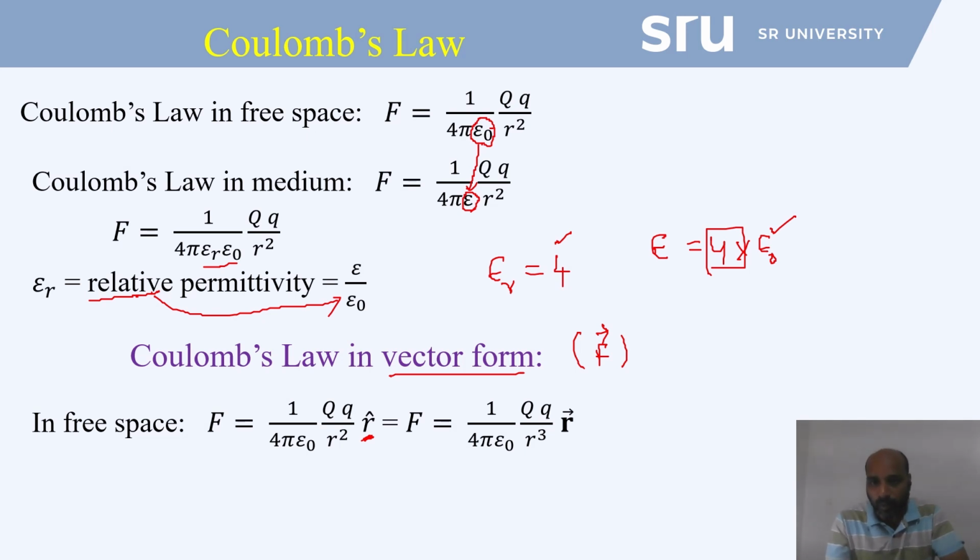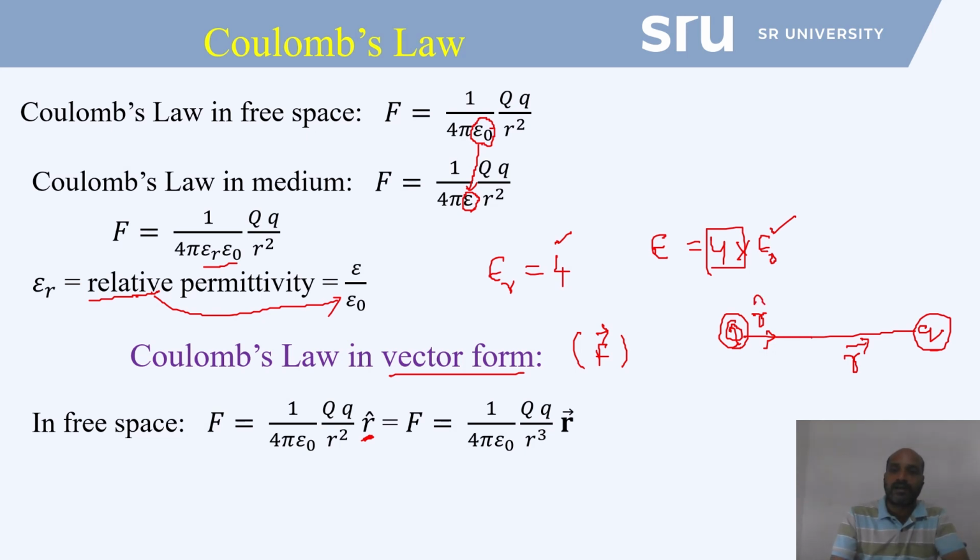What does it mean? Let this be capital Q and this be small q, the second charge. Both are separated by a distance r. Now you are saying this is a vector. Let this line be made by a small segment, and we'll say the small segment is r cap.